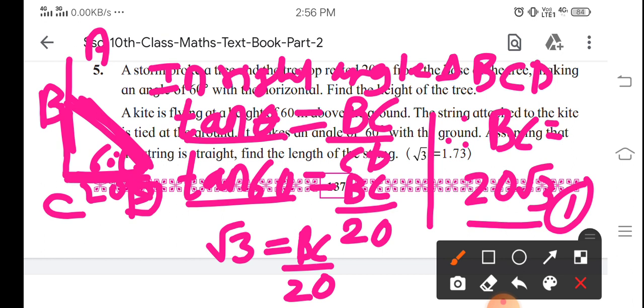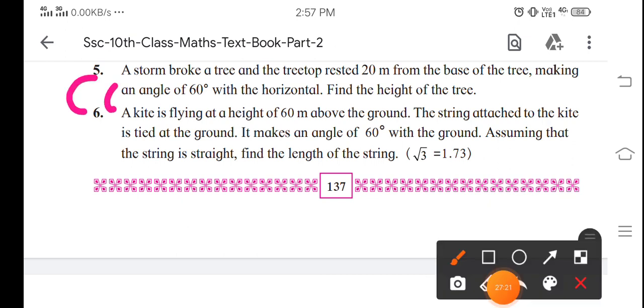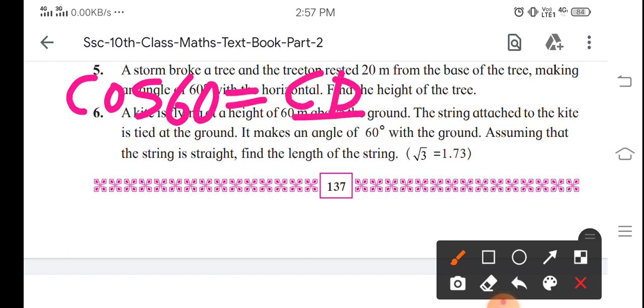See, this is CD, right? What is CD? 20 they have given, and BD, that we have to find out. So we can just apply over here the cos theta formula. Okay, so in the next part we are just going to write cos 60. Cos theta means cos 60 only. So it is equal to CD upon BD. I think this is clear, right?